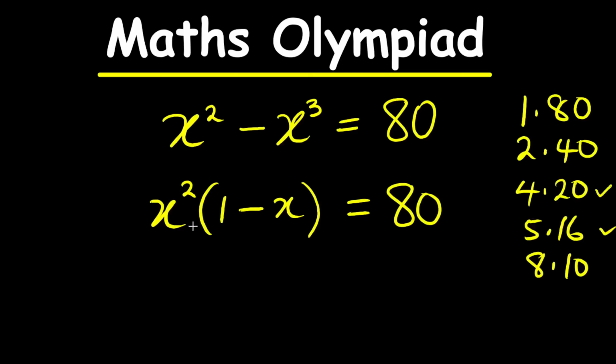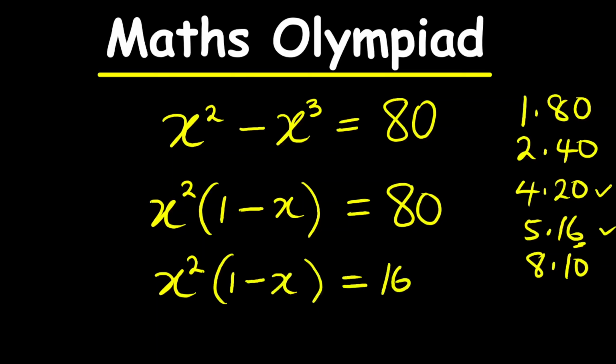If x squared is 4, that means the square root of 4 is going to be 2, and if you look at this bracket, 2 does not suit 1 minus x. So that means we are only left with the option 5 times 16. So I'm going to rewrite this multiplication, x raised to the power of 2 into 1 minus x, as 16 times 5.